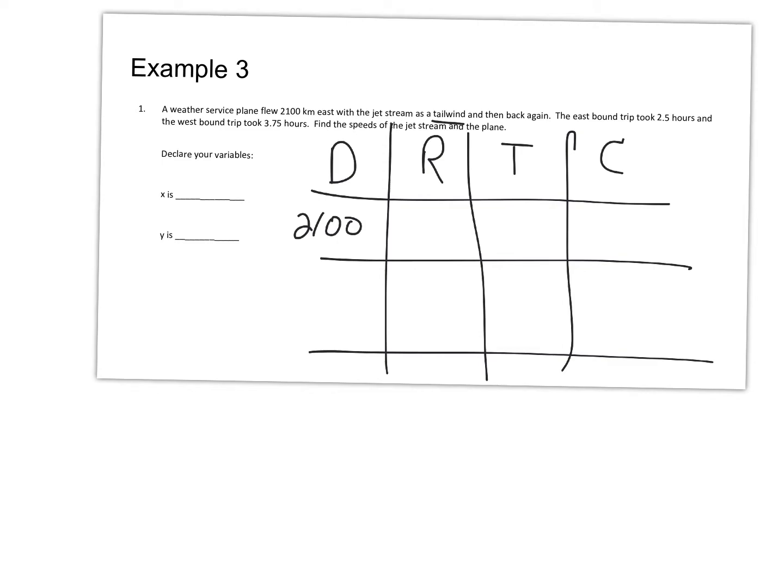The tailwind pushes the plane along, so plus c. And then back again. Okay, so it comes all the way back, so 2,100, and we're going to fight the current on the way back. Okay, the eastbound trip took 2.5 hours, so east is 2.5, and the westbound trip took 3.75 hours. Okay, what is the speed? And again, over here we got rate, current.